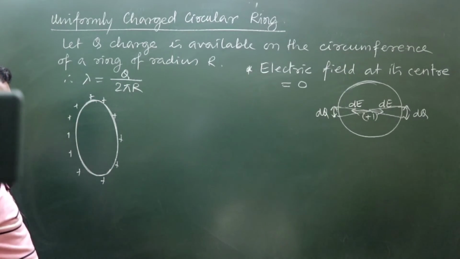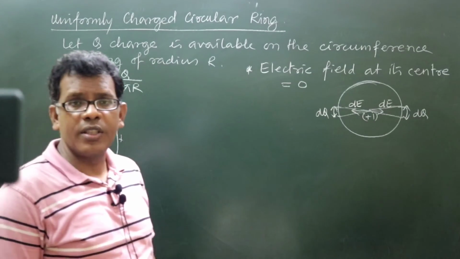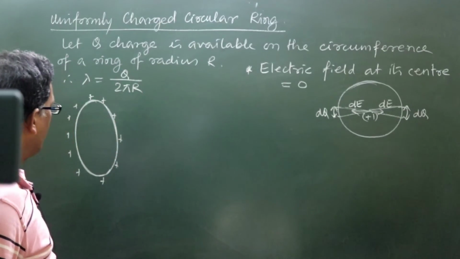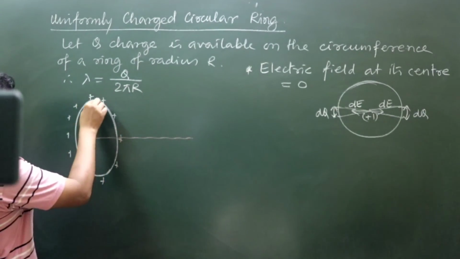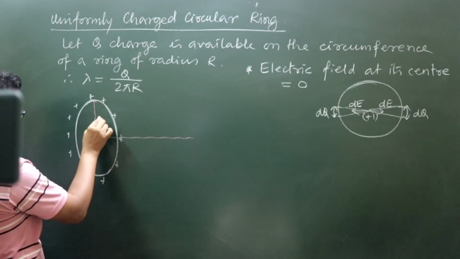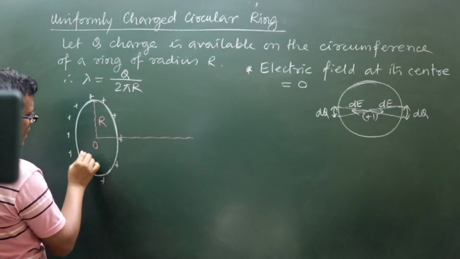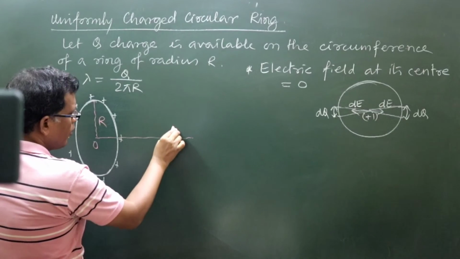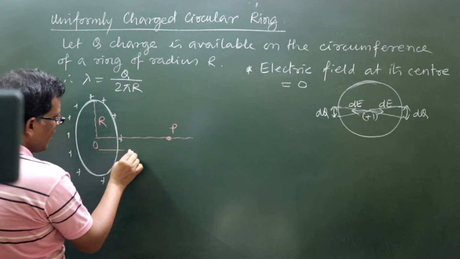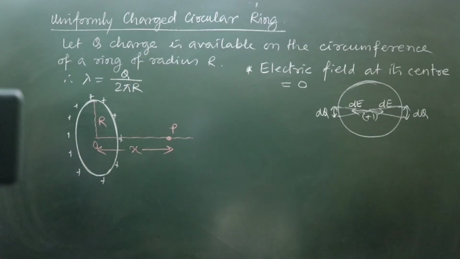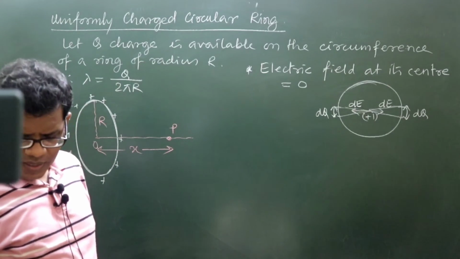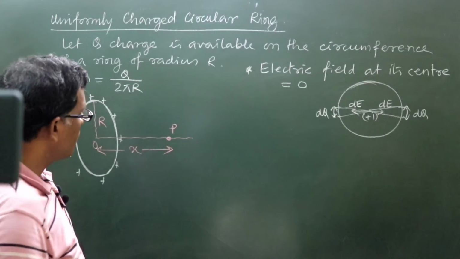So we will now discuss the electric field at a point on its axis. This is the radius r, this is the center O. Let P be a point on the axis, at a distance x from the center of the ring.